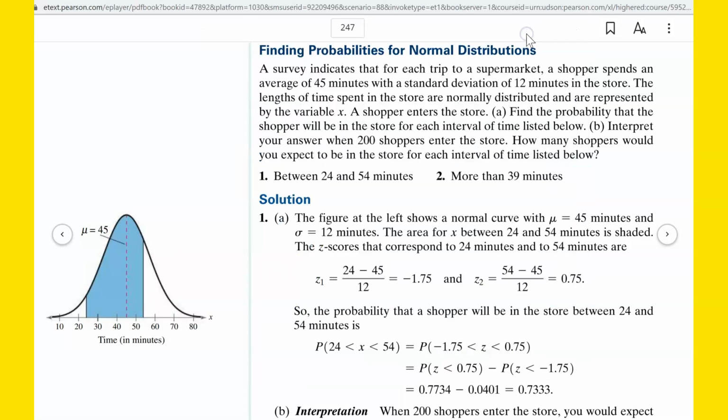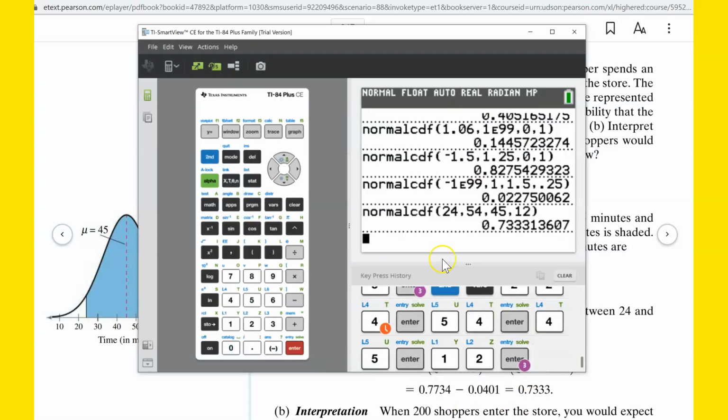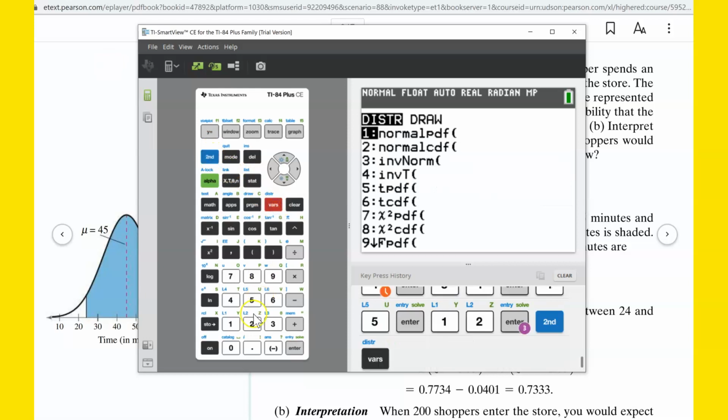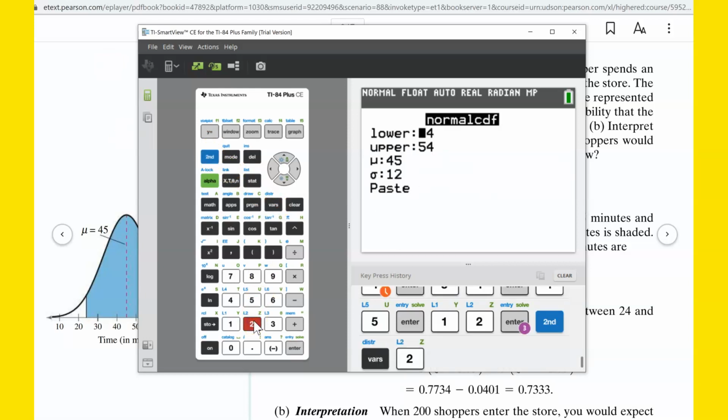All right, part B, or part 2 of part A. More than 39 minutes. What's the probability that the shopper spends more than 39 minutes? Again, go to normal CDF. This time we're talking about greater than 39. So if we're greater than 39, that means the lower bound, the lowest we can be, is 39.